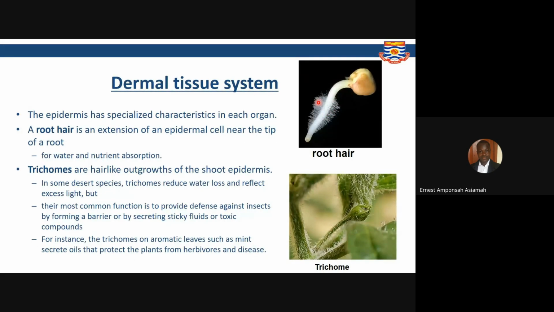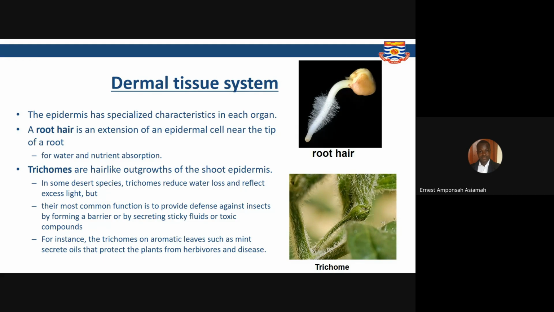We have what you call root hairs, which are extensions of the epidermal cells near the tips of the root. This increases the surface area for water and nutrient absorption.